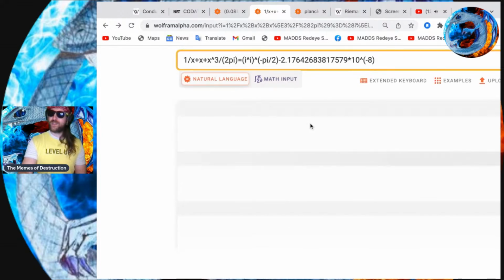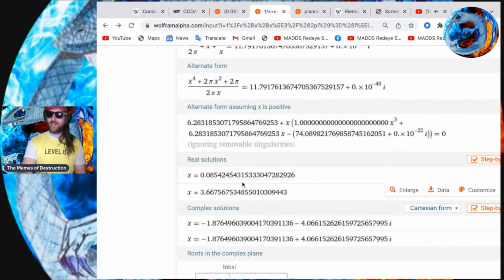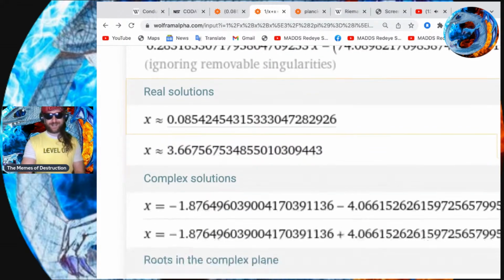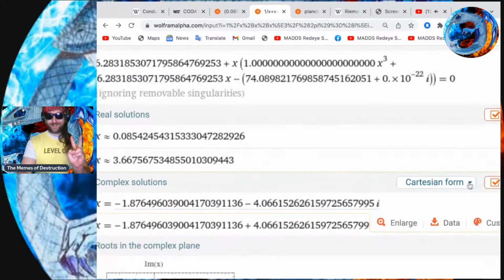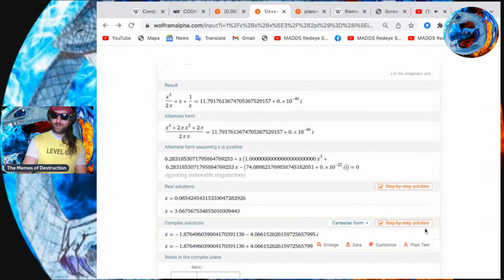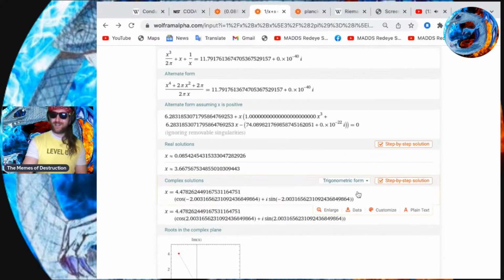If we go down here, our first two answers just happen to be straight numbers, so that's essentially a one-dimensional answer. We go to the complex because they're two-dimensional answers. They get additional components. And then we swap from Cartesian form to our trigonometric form.